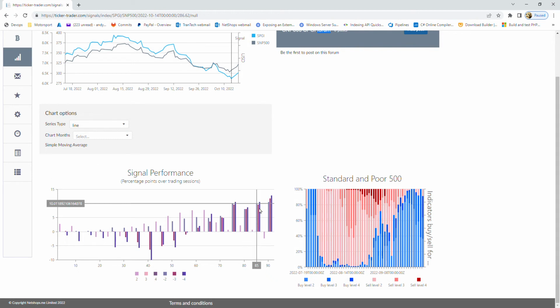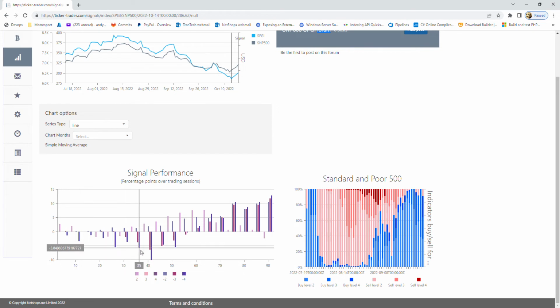This chart here is the performance of indicators for this stock. We can see that this is over a 5-year period. On average, a level 2 indicator, where the bottom axis is trading sessions and this axis is percentage profit, will generate 2% profit in 5 trading sessions.